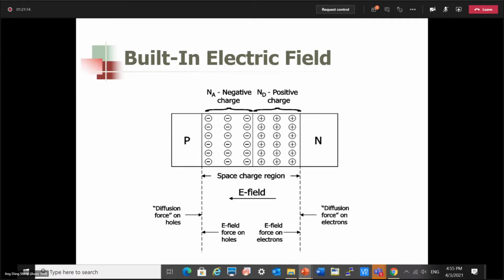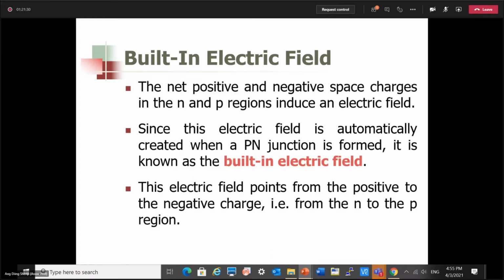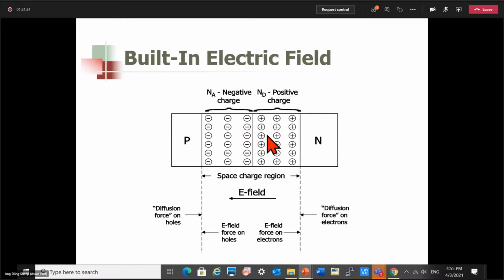So eventually, the opposing effect posed by the built-in electric field will cancel out the diffusion. And when that happens, the PN junction is said to reach thermal equilibrium. And the current across the junction will become zero.